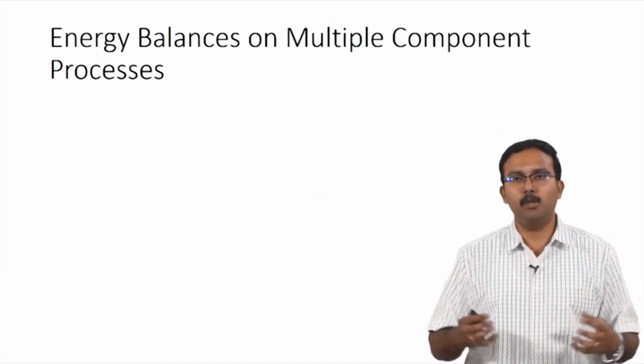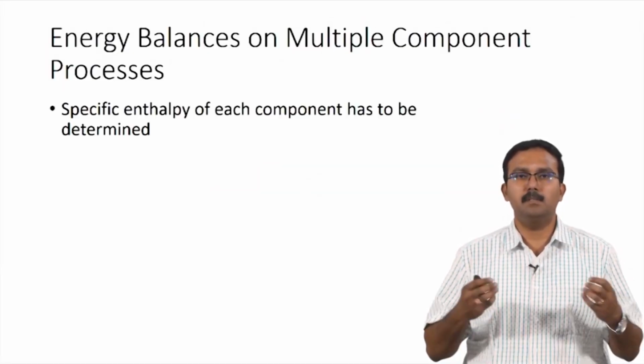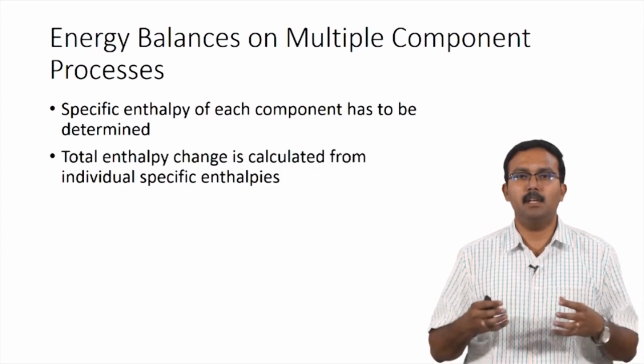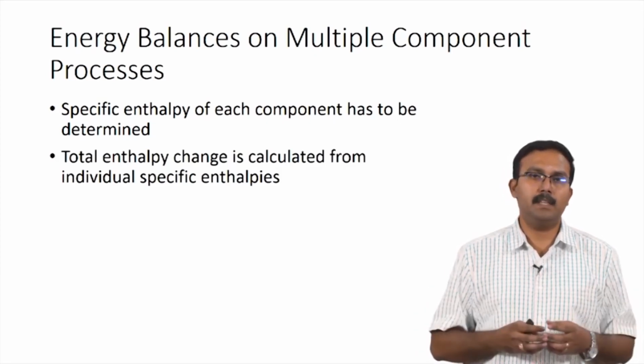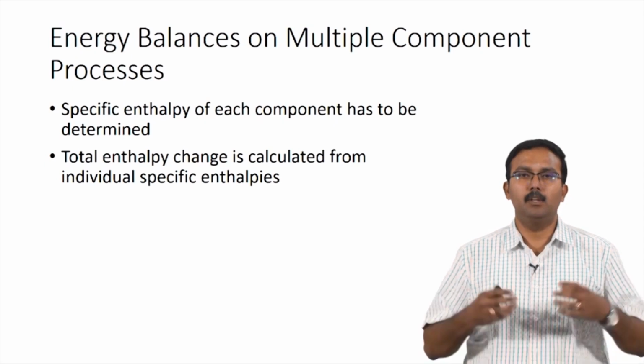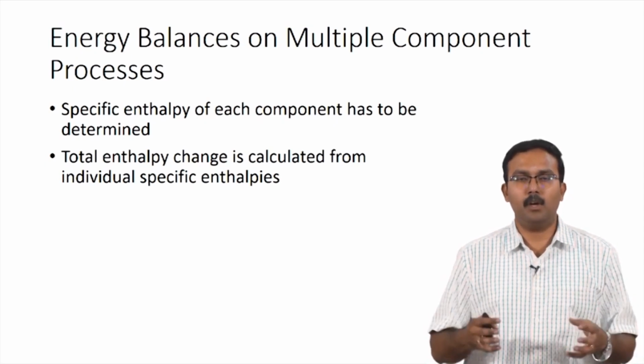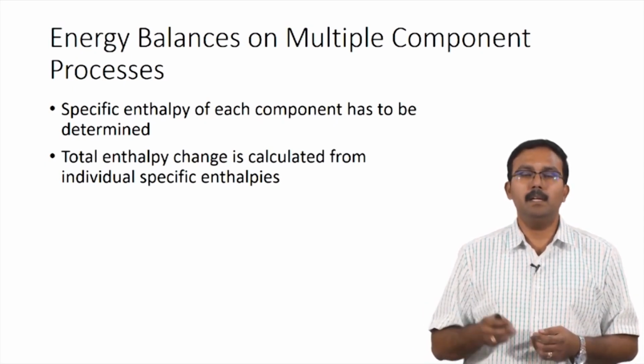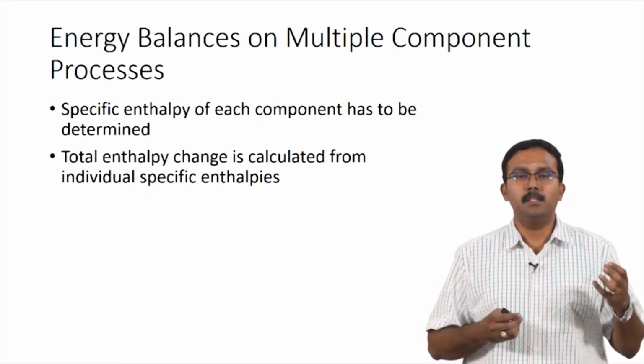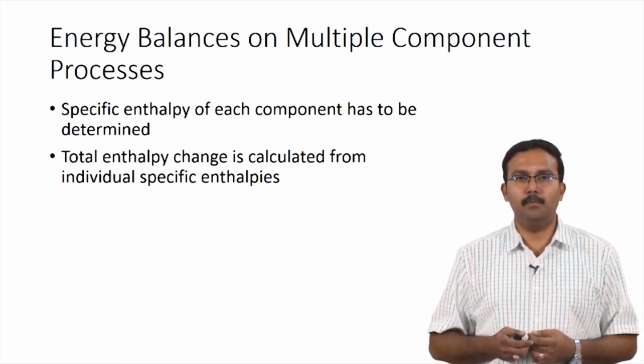When you have multiple components present in a process, then the specific enthalpy of the process itself will depend on the specific enthalpies of each of the components. The total specific enthalpy of the system will be the summation of the specific enthalpies of the individual components.